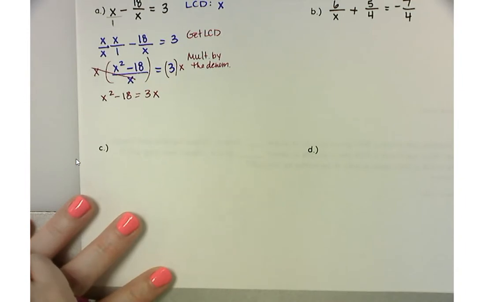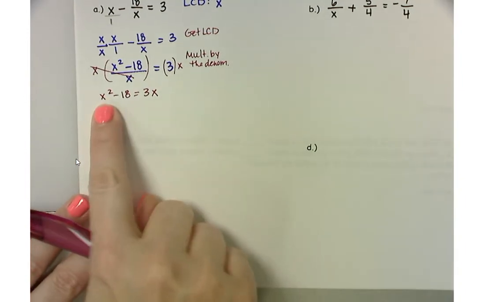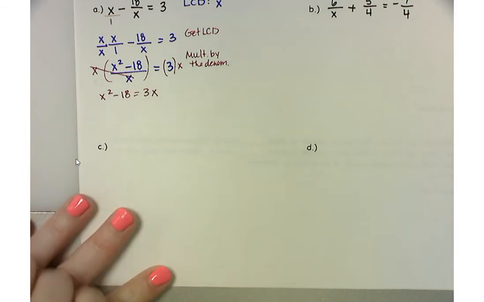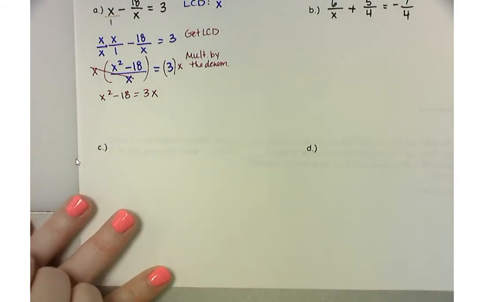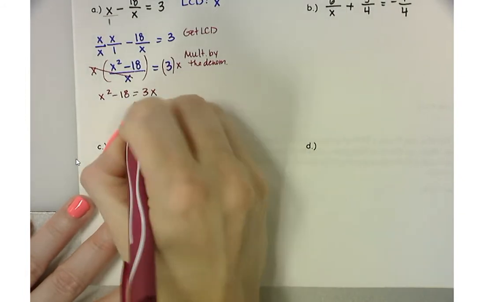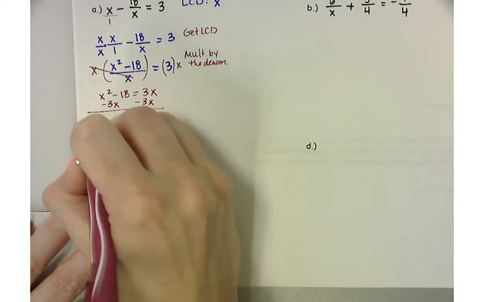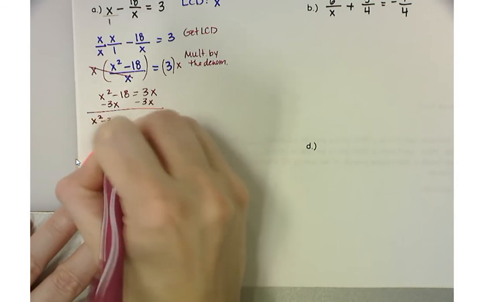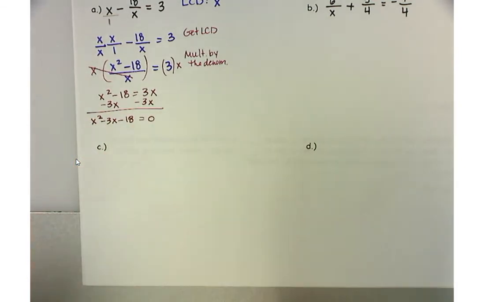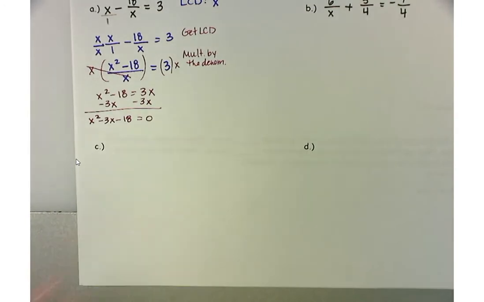What should I do? Okay, yep, so I want to put everything on one side so that you can factor it, because this is a quadratic trinomial. X squared minus 3x minus 18 equals 0. So get all terms on one side and factor.